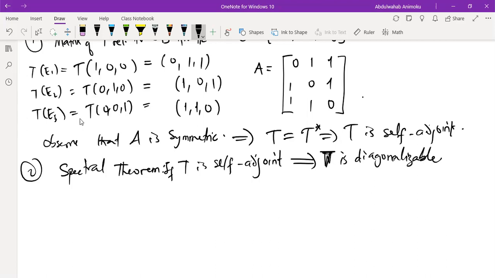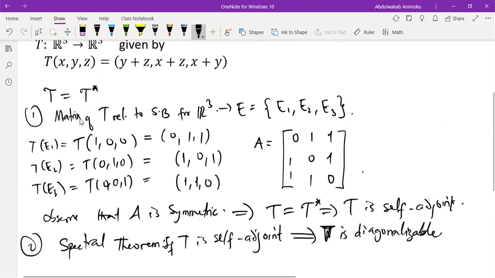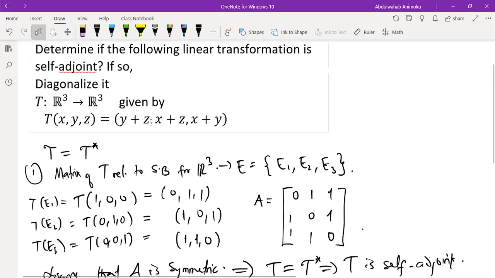So this basically means that the transformation we are discussing is actually diagonalizable. So now we will go ahead and diagonalize it.